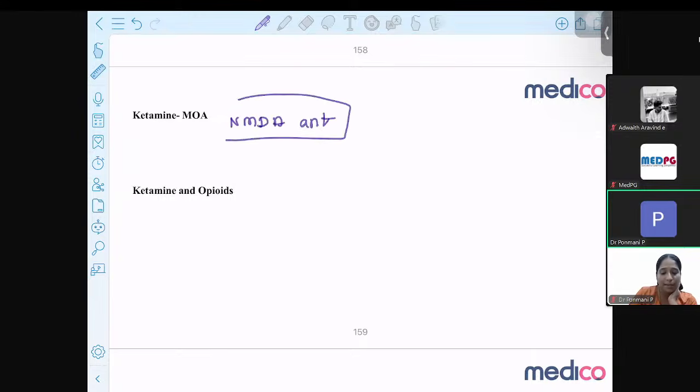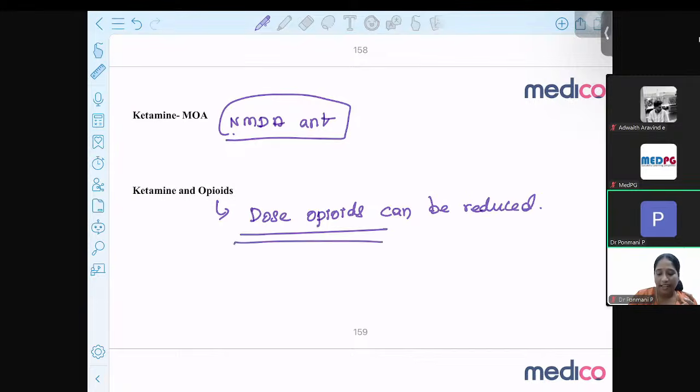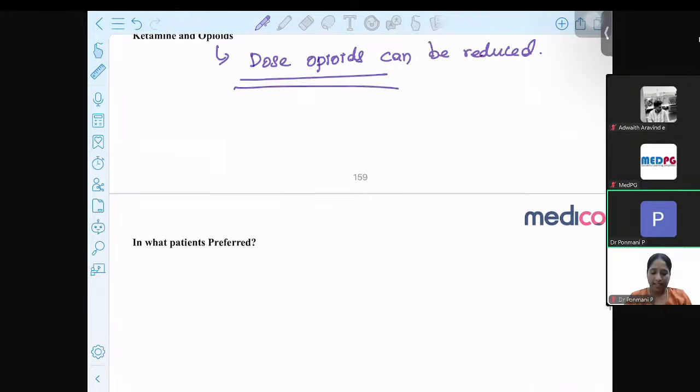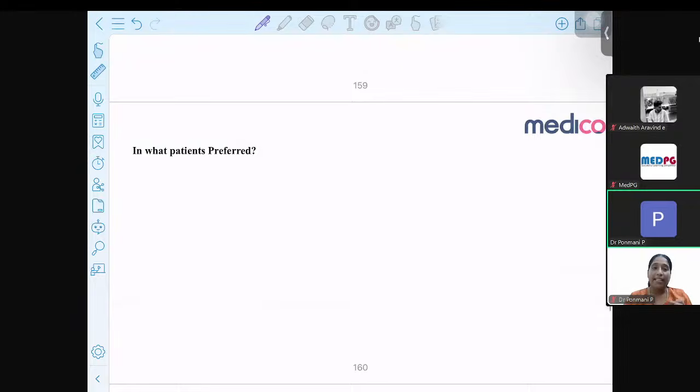This is the mechanism by which it works. When ketamine and opioids are given together, the dose of opioids can be reduced. And ketamine is preferred in which patient? Ketamine can be given in patients with hemodynamic instability.